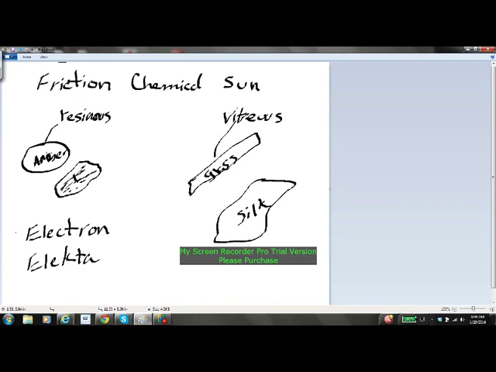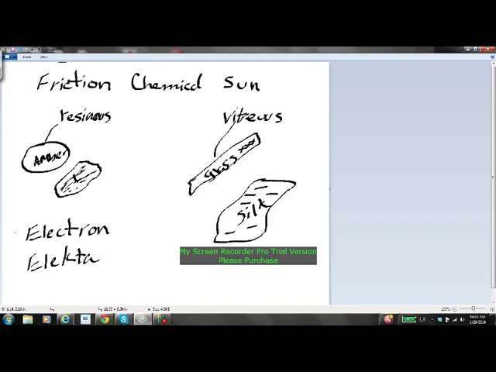So we know now, and I'll get more into how we know that pretty soon, that when these charges are developed, in this case, if we were to rub the silk, we would be rubbing off negative electrons from the glass. So two different materials are required, and one of the materials wants electrons, and the other tends to give up electrons. So in this case, the vitreous material tends to give up electrons to the silk rag, and the silk rag will become negatively charged.